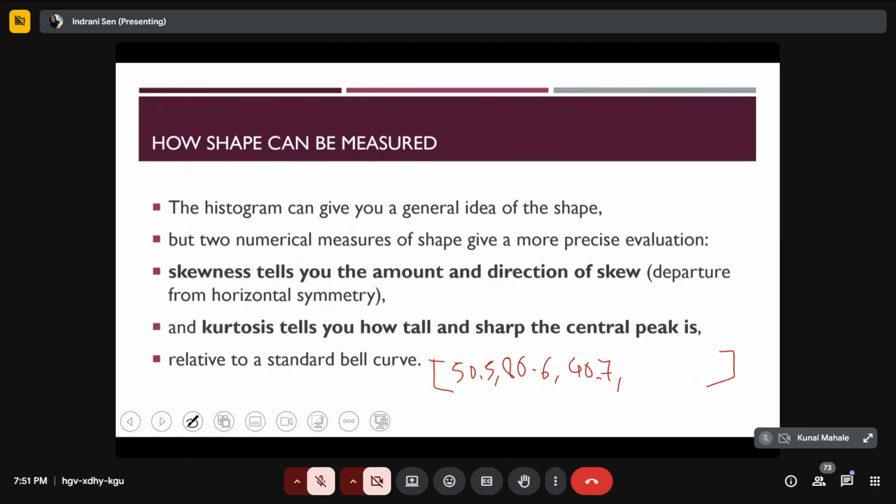If your marks are centered around, for example, 90% or 85%, and suddenly there is a fall like 40 or 30, then your data will become like this, and your left tail becomes longer because your mean falls. The median is here, but the mean falls here because of some data which is very low. In that case, this is called left skewed data.